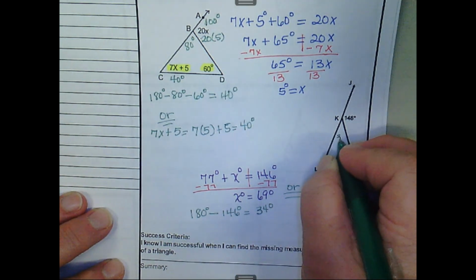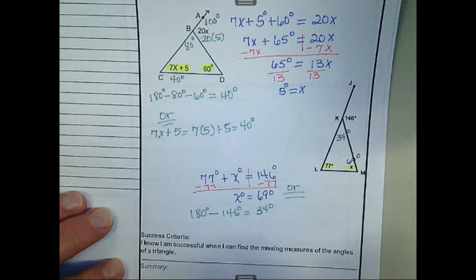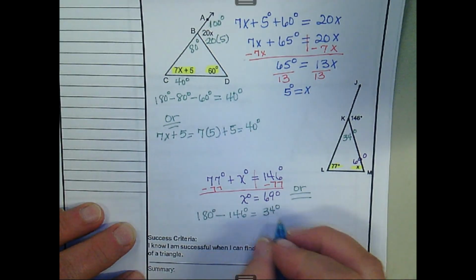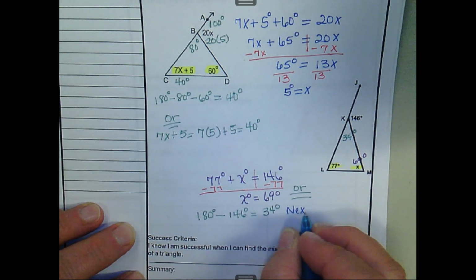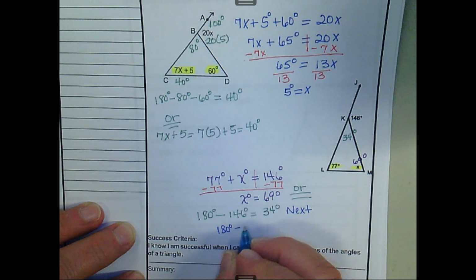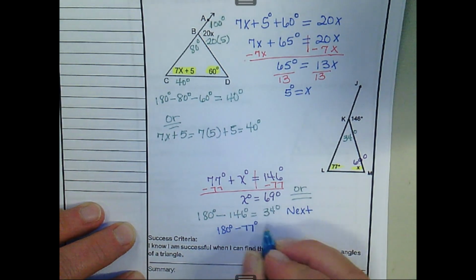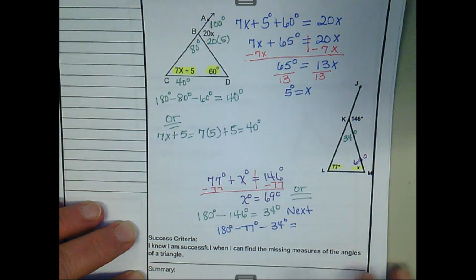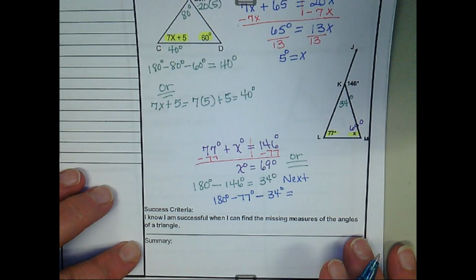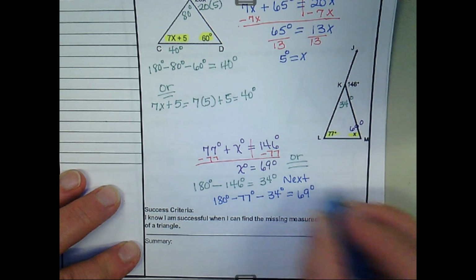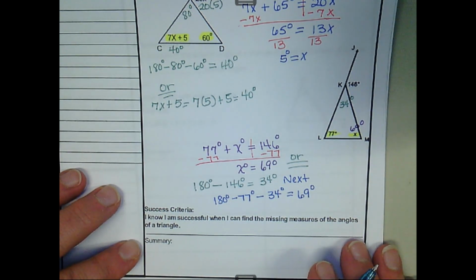So I know this one is 34 degrees. Now I do the same thing again, but I've got two of my three angles. 180 degrees minus 77 degrees minus 34 degrees. Put that in the calculator. What do you get? 69 degrees is correct. Either way you do it.